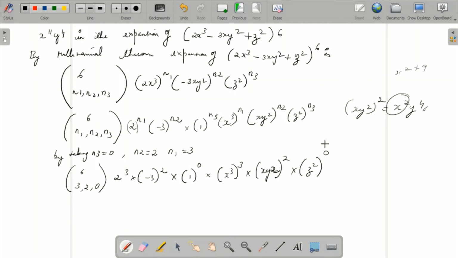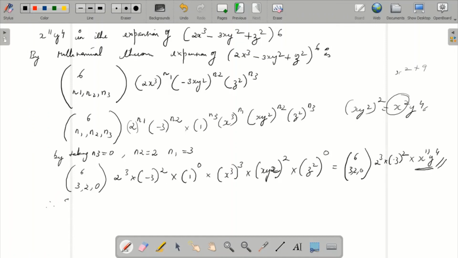So this would be 6 over 3, 2, 0, and 2 to the power 3 into (-3) to the power 2, and 1 to the power 0 is 1 itself. So it would be x to the power 9 plus this x square, x to the power 11, y to the power 4. So now this is in the required form.